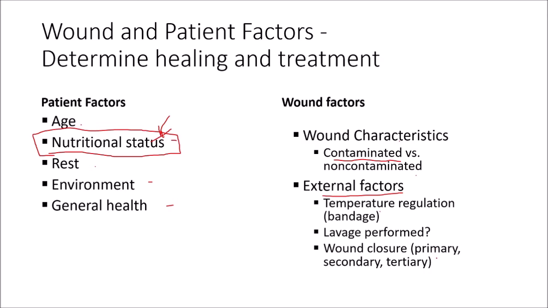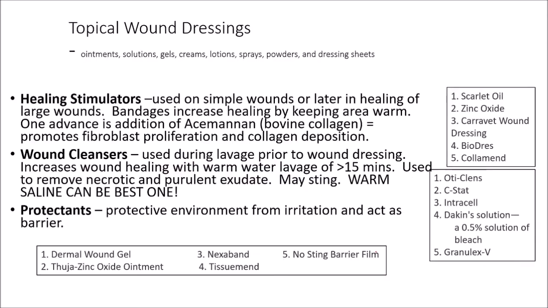There are some healing stimulators. Now, most things will keep animals from healing. There are a couple of things that will allow wounds to heal a little bit faster, but most topical wound dressings, ointments, solutions, gels, creams, lotion, sprays, powders, dressing sheets, most of them delay healing in some way.